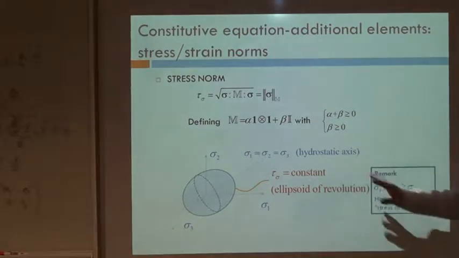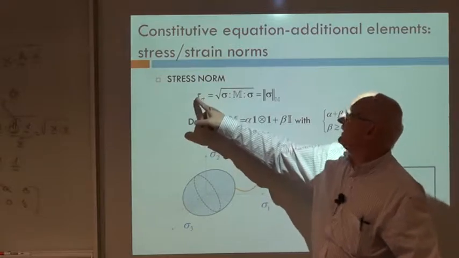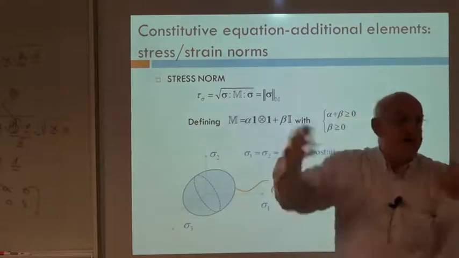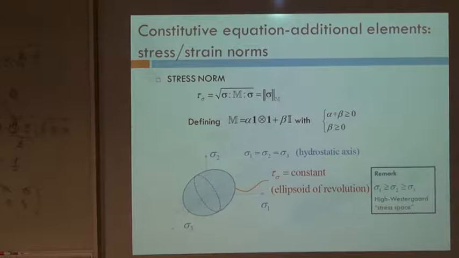So we'll use for our problems norms for the stresses, and that will be a scalar, and we'll call it tau sigma, a scalar that measures the magnitude of the stresses in the Haigh-Westergaard space. Okay.